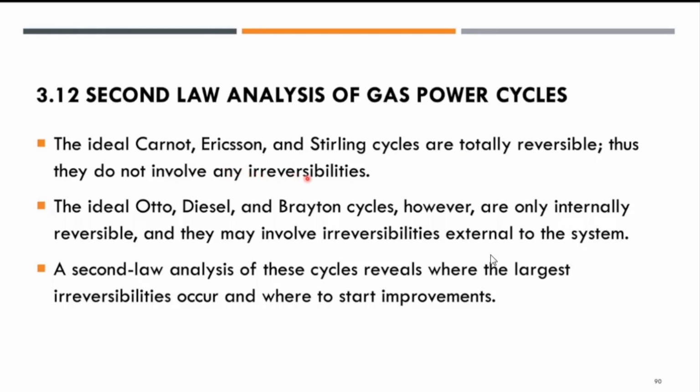However, the Otto, Diesel, and Brayton cycles are only internally reversible, and they may involve irreversibilities external to the system. A second law analysis of these cycles reveals where the largest irreversibilities occur and where to start improvement. Right? So how do we improve when there are irreversibilities associated with the system?